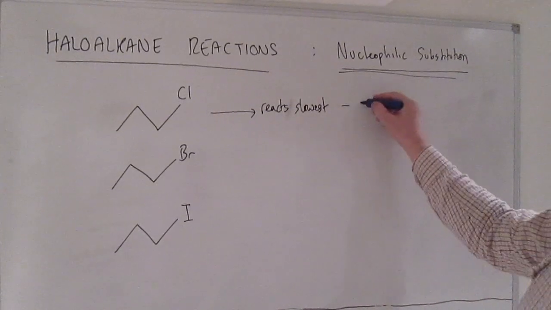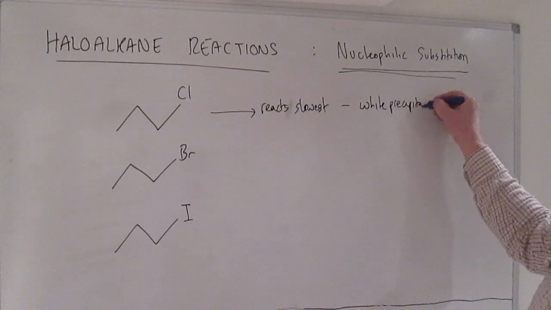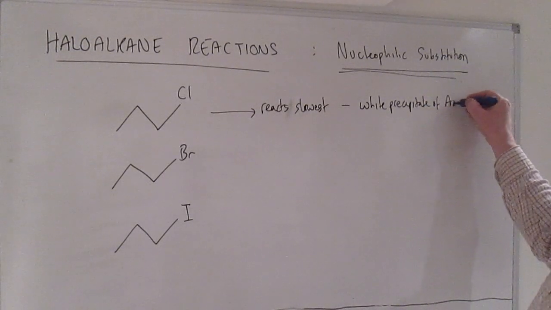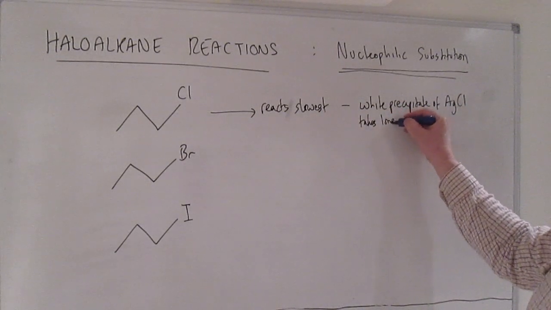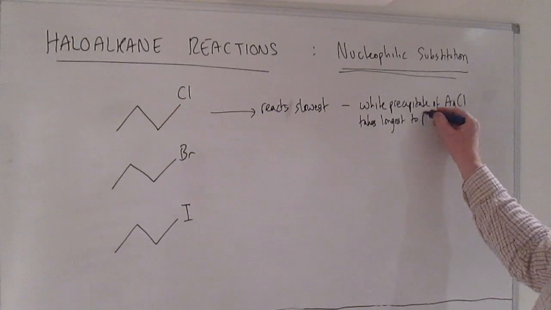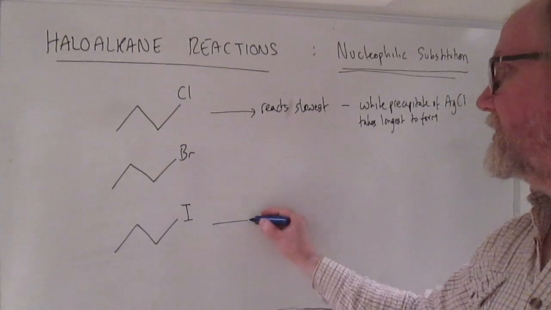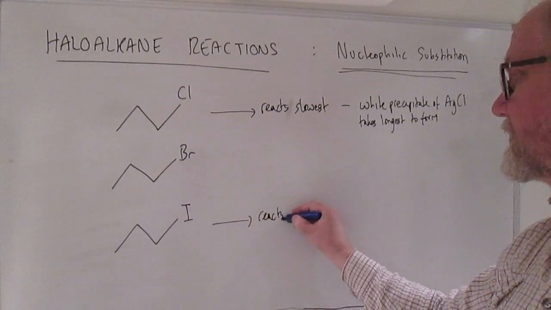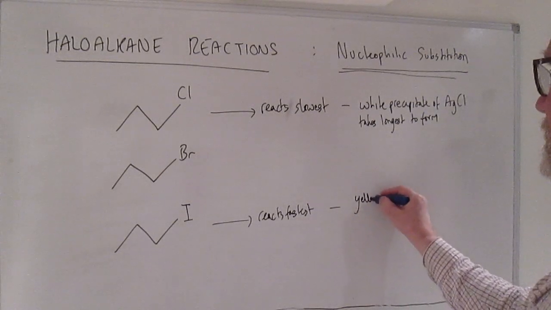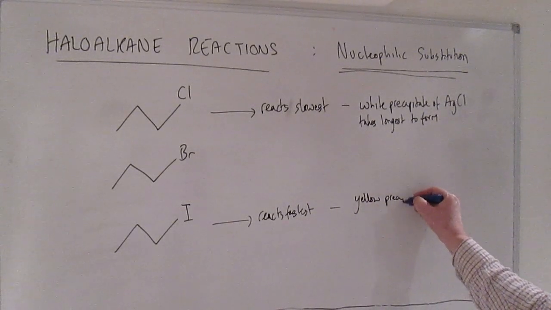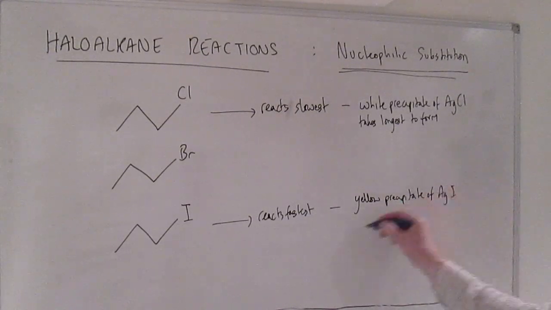In other words, the white precipitate of AgCl takes longest to form. And as you go down the group, it gets faster, so this reacts fastest. So the yellow precipitate of AgI forms much quicker.